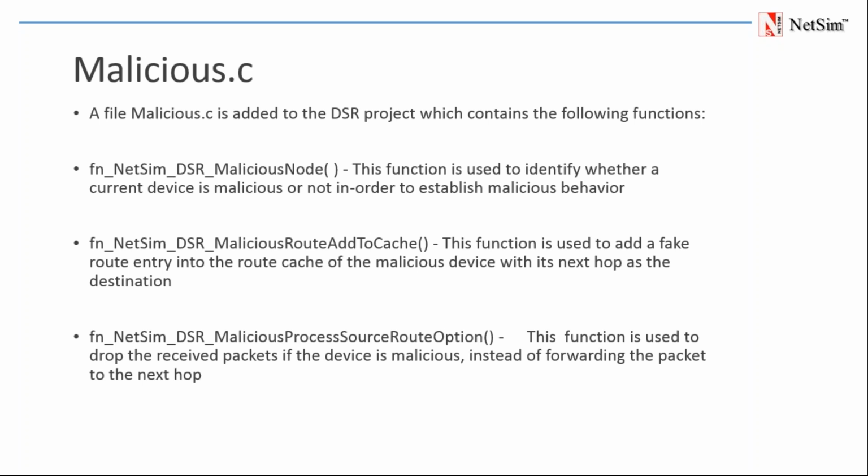Then this is malicious route add to cache. This function is used to add a fake route entry into the route cache of the malicious device, and then malicious process source route option. This function is used to drop the received packets if the device is malicious, instead of forwarding the packet to the next hop.